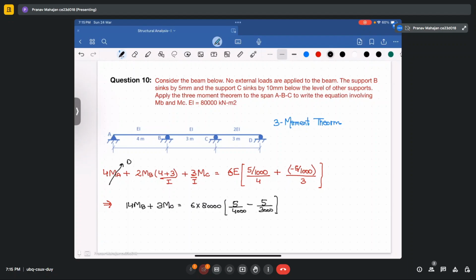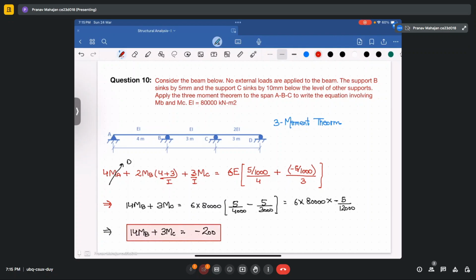And that will be equal to 6 into 80,000 into minus 5 upon 12,000. So finally, you will get 14 MB plus 3 MC equals minus 200. So this is the first equation that you have got.